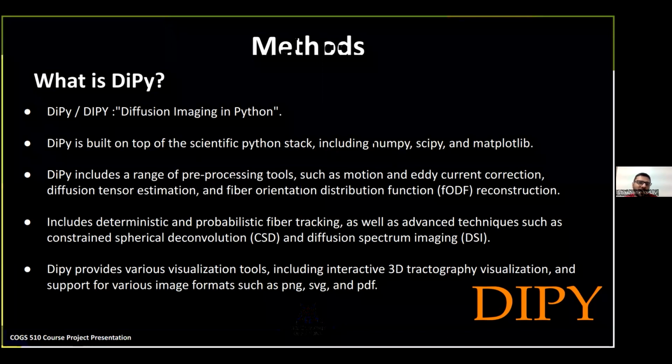And DiPy is, in my experience, a full-fledged software for working with diffusion imaging in Python, which contains a lot of pre-processing tools such as motion and eddy correction, since DTI images are prone to a lot of noise, so these are some of the pre-processing steps users perform before going into analysis.